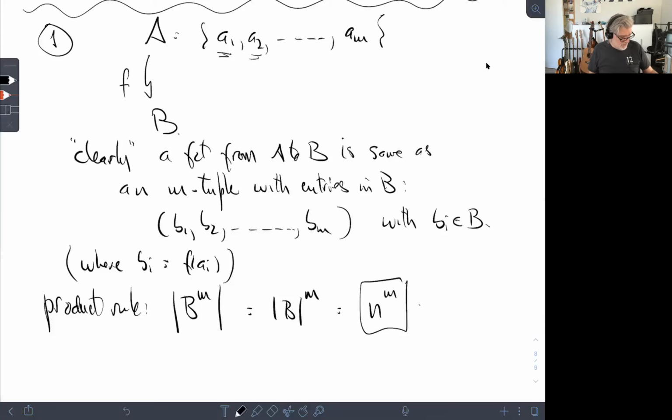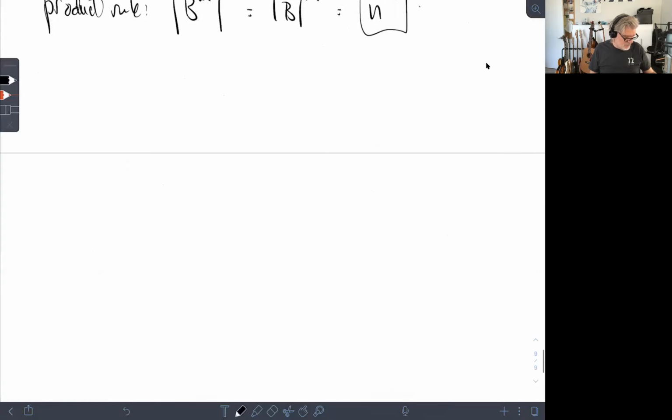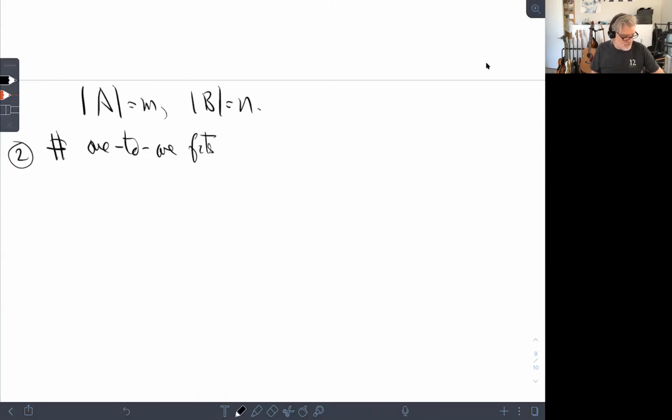Okay, now the second question is a bit trickier. That should be clear that it's trickier. So let's rewrite this. This is m, this is n. I want to find the number of one-to-one functions from A to B. So what is a one-to-one function, right? This will help.